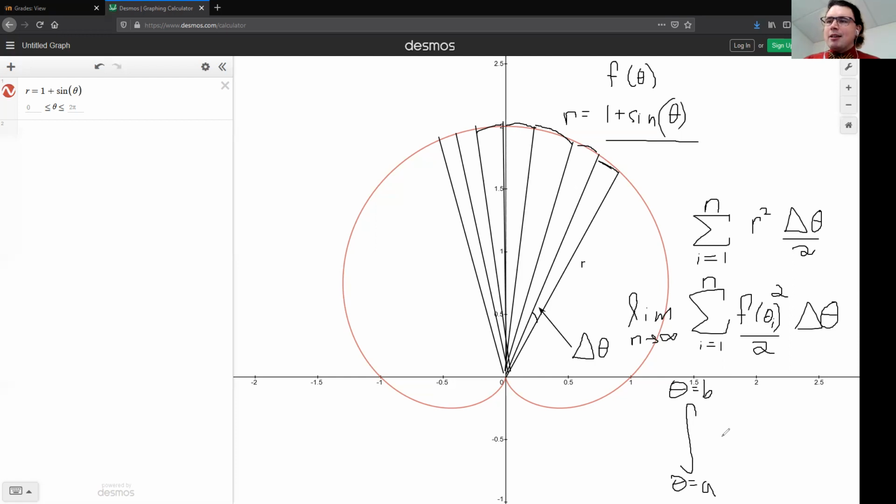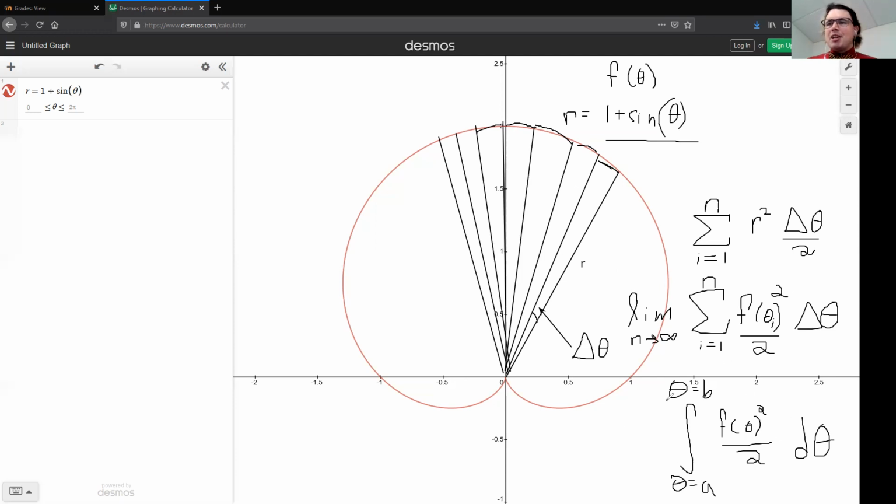But I'm integrating the function f of theta all squared, then divided by 2, d theta. That's the integral formula for finding the area enclosed by a polar curve.